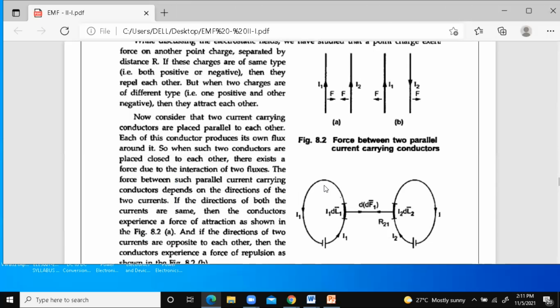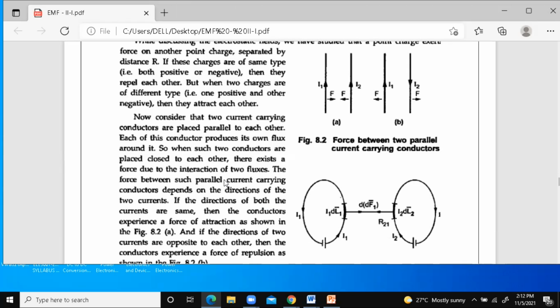So here is your current element, here is your current element, and each is going to produce its own flux around it. So when such conductors are placed close to each other, there exists a force due to the interaction of the 2 fluxes.